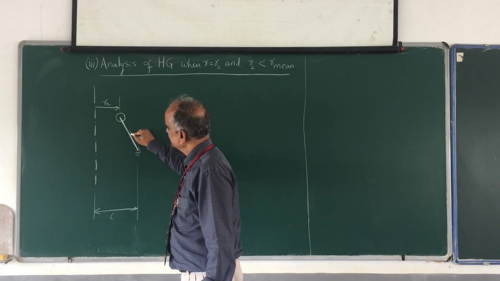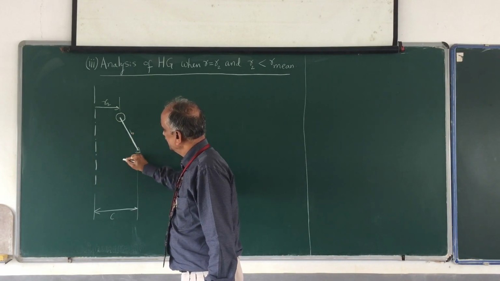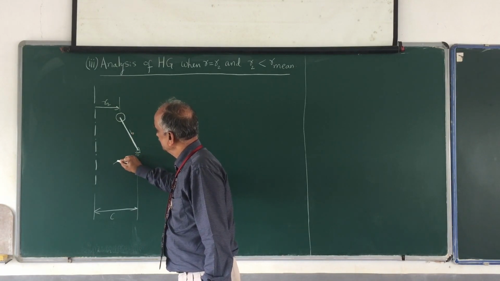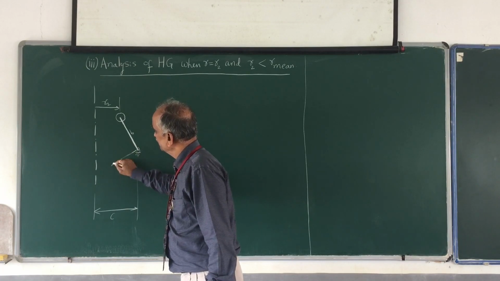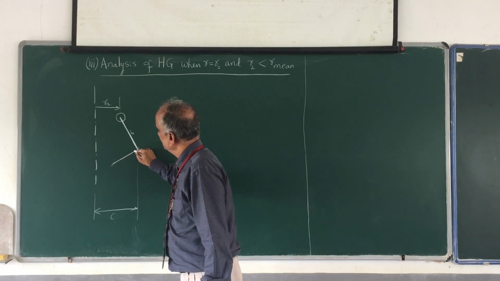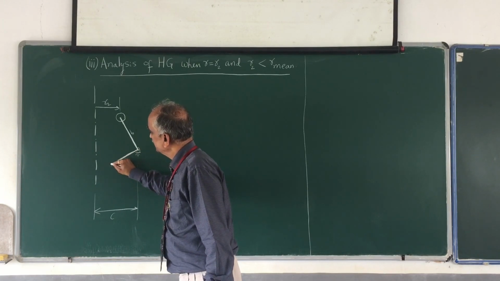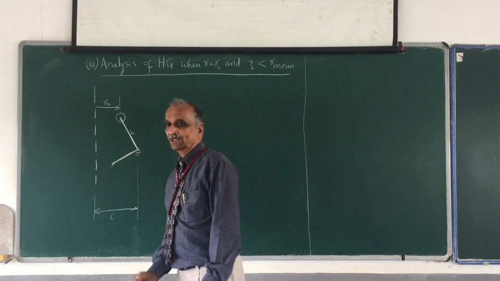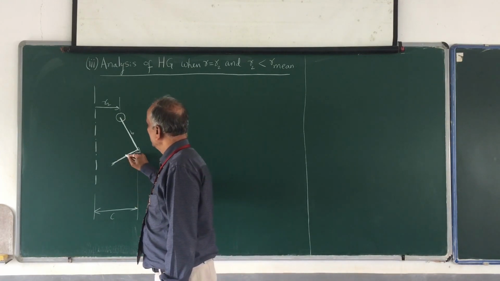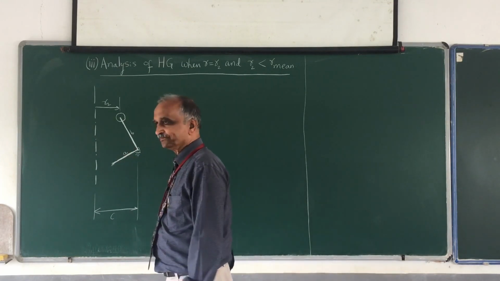The ball arm's length is B, and perpendicular to this, because the two arms of the bell crank lever are perpendicular to each other, let me assume this is the sleeve arm, and this distance is A.